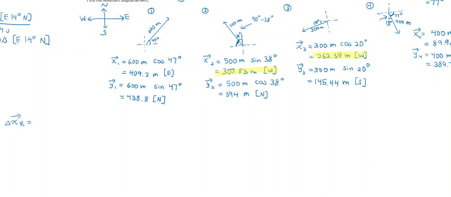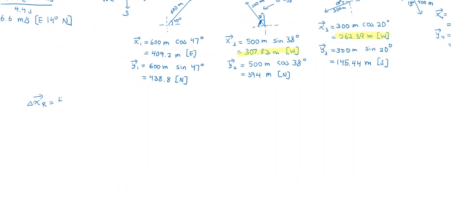So when we add them together, it's going to be 409.2 meters. I'll put east here just to make it clear. Now we need to put a minus in front. Also, it might be easier if I do it like this, so you can really see the thing works. Because you should add all of them together, but I know the minus signs might be a bit tricky.